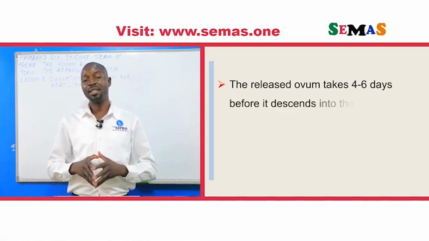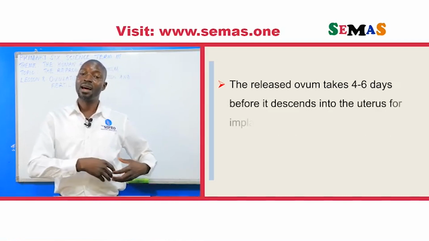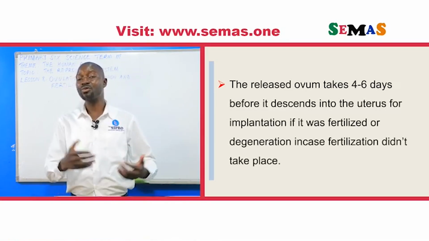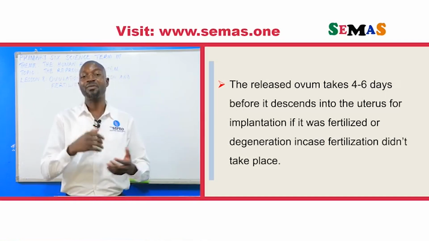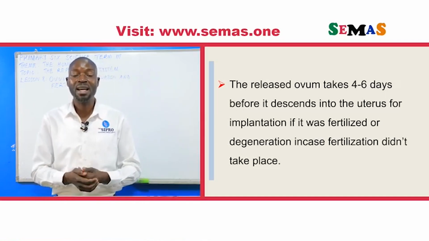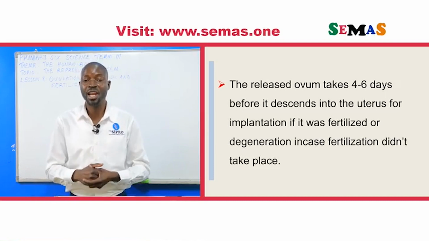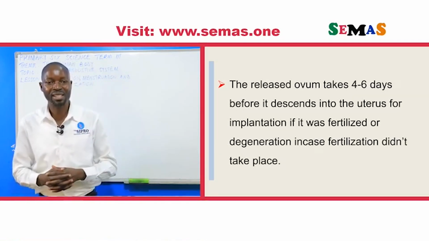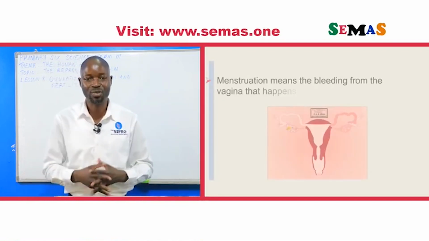And when we talk about degeneration, it means that the prepared walls of the uterus that were ready to receive a fertilized ovum now begin to be shed off, and that only happens in the process that we call menstruation.